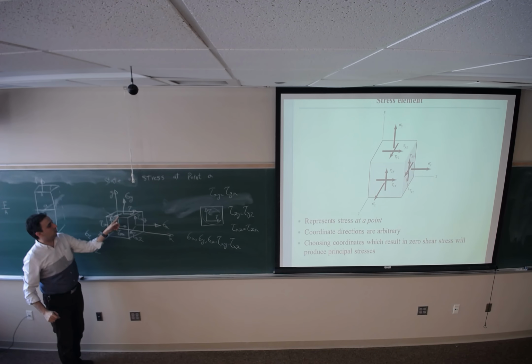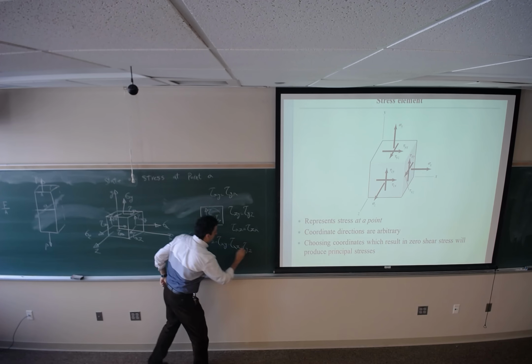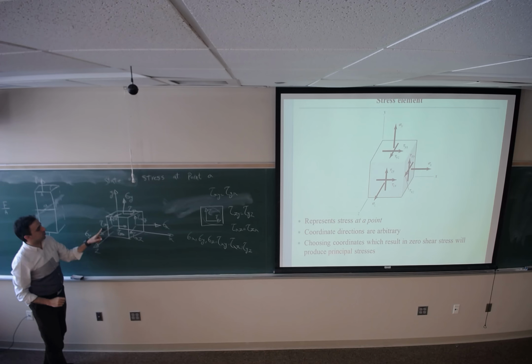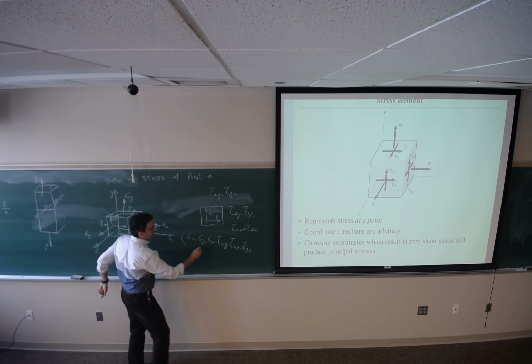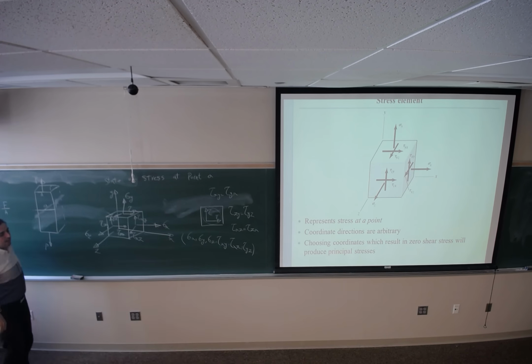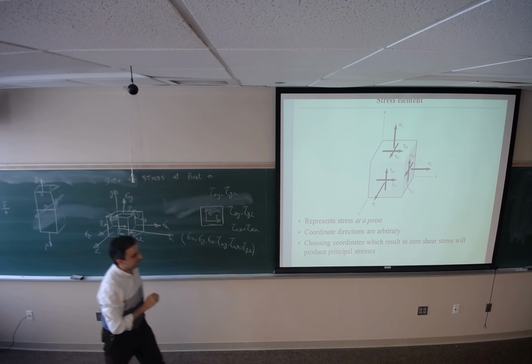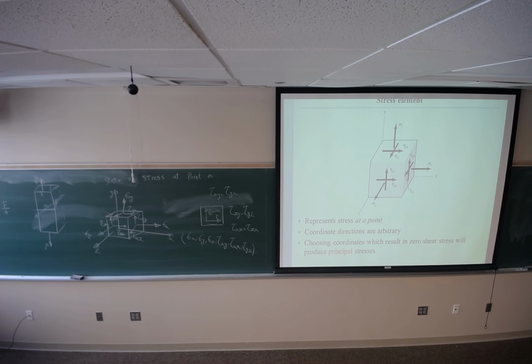Tau yz, I should add it here. And here we have tau zy, which is equal to tau yz, and tau zx, which is equal to tau xz. So these are the 6 terms of stress to represent the stress for point A.